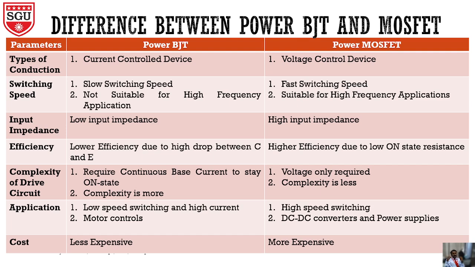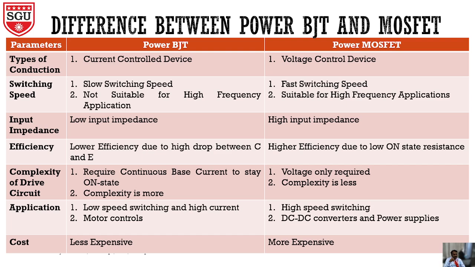The base electrons should be removed, and for that it needs some time. We have already studied the switching characteristics. In the power MOSFET, only charges are there and they are removed very fast. So it has fast switching speed and is suitable for high frequency, that is, high switching frequency applications.